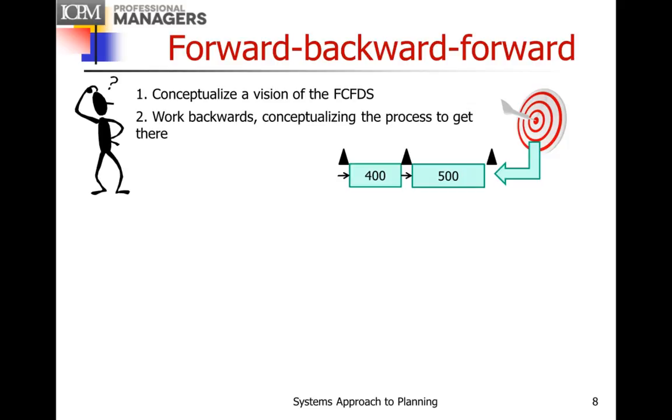So for example, if you're building a system, well, the 500 level activities would deal with the system level integration and testing, because you can't deliver the system until it's integrated and tested. Well, you can't integrate the system until you've got the parts, and the parts have to be tested. So they would end up in the 400 level, and so on.